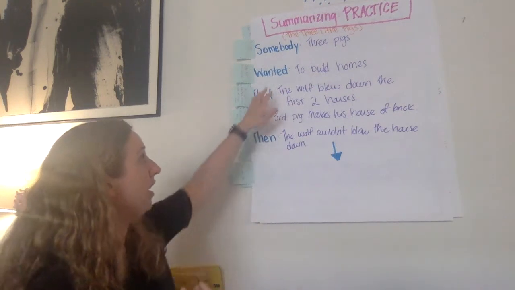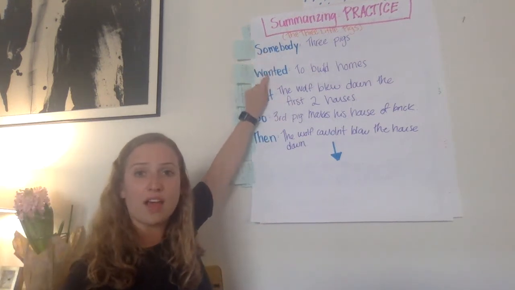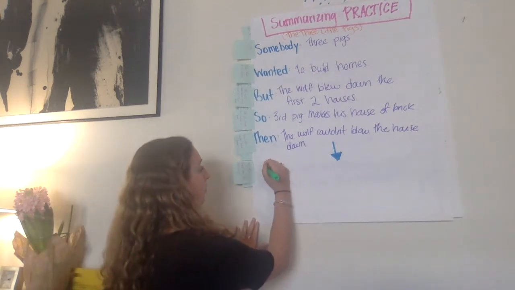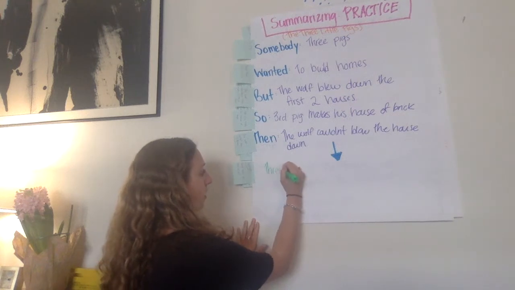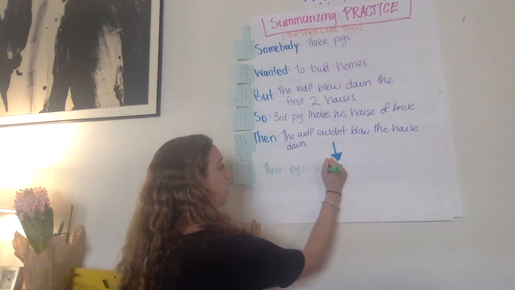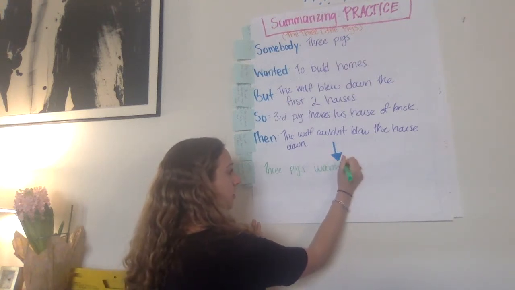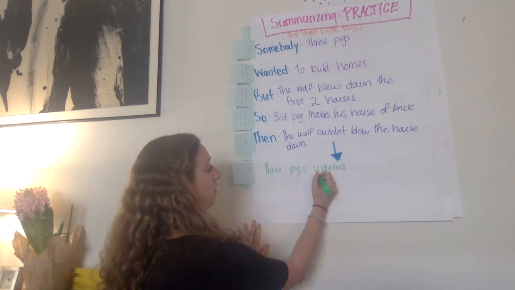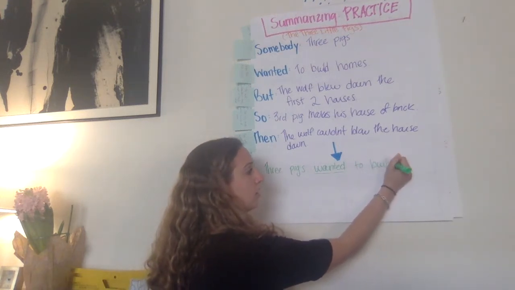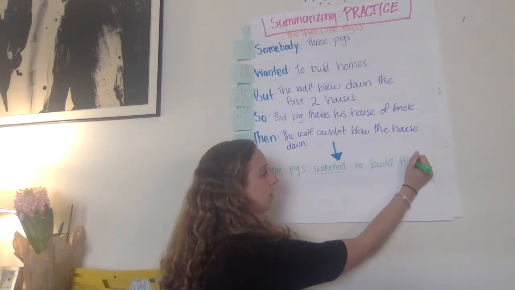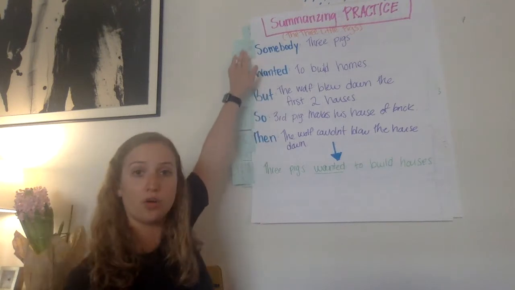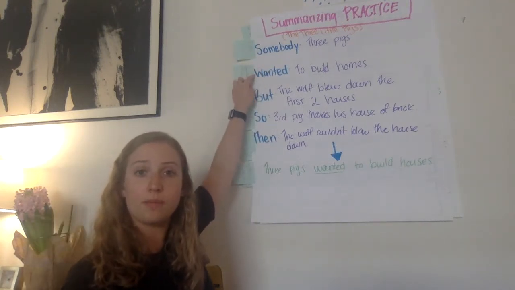So the 3 pigs, and we can combine that with what they wanted in one sentence. So we can say 3 pigs wanted, so there's one of our keywords, to build houses. So we have our who and our what they wanted.